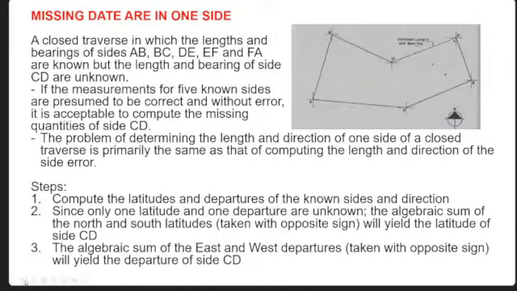So how are we going to determine the length and bearing of CD? So this is just the same as getting our side error, length and direction of the side error.